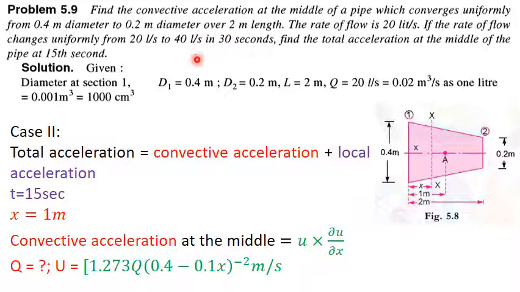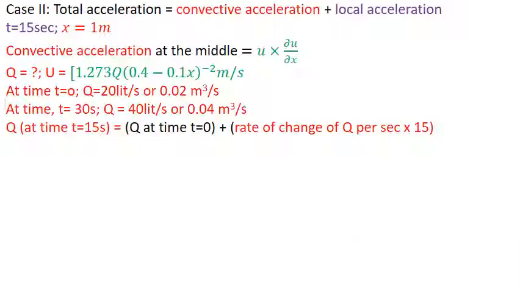So we have to find out the total acceleration at 15th second with the new value of discharge. At time t equal to 0, Q is 0.02 meter cube per second. After 30 seconds, the new Q is 40 liters per second or 0.04 meter cube per second.